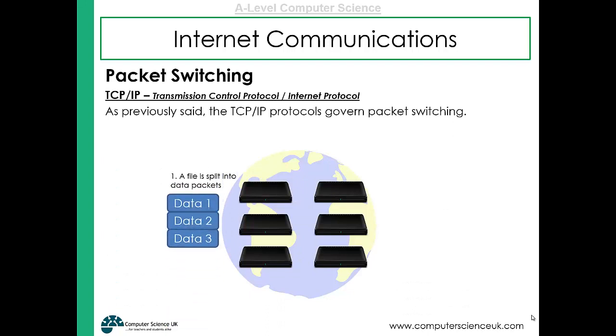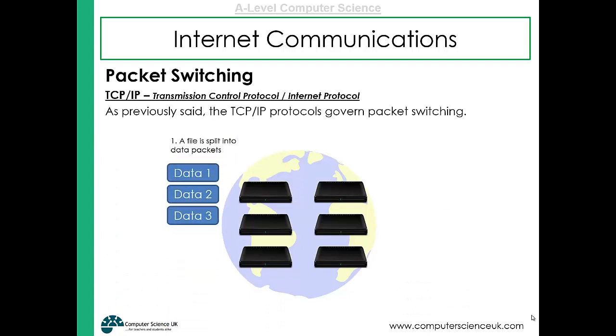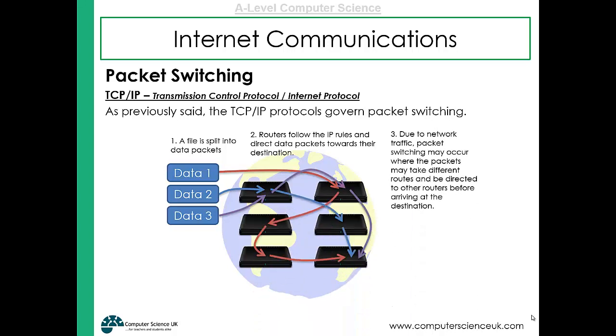So this is how it works. A file is split up into data packets, and they're sent out onto the internet. Routers follow the IP rules, and they direct data packets towards their destination. Because there's different traffic at different parts of the internet, packet switching may occur.